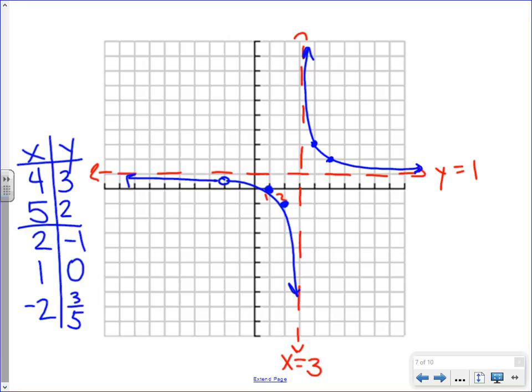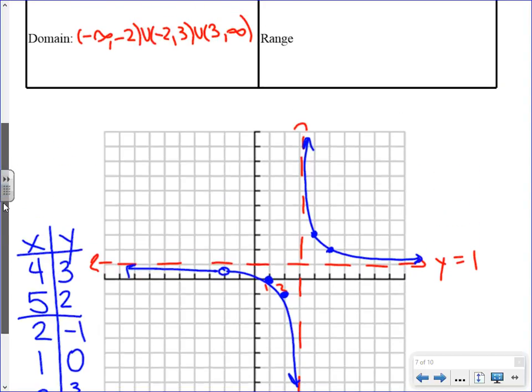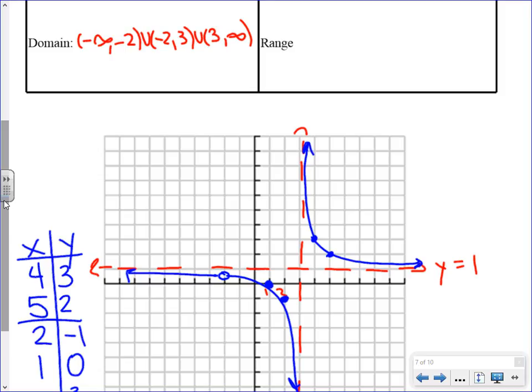Okay. All right, let's go back and talk about our range. What y values are not included in our range? Turn to your neighbor and decide which y values are not included in our range.